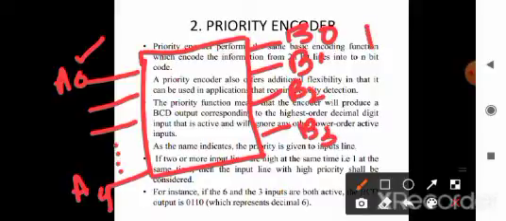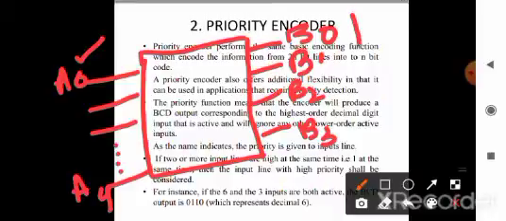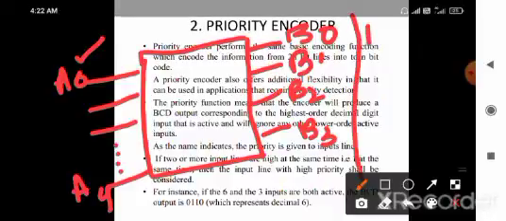It is given like this: B3, B2, B1, B0. One minute, I will write down the truth table.